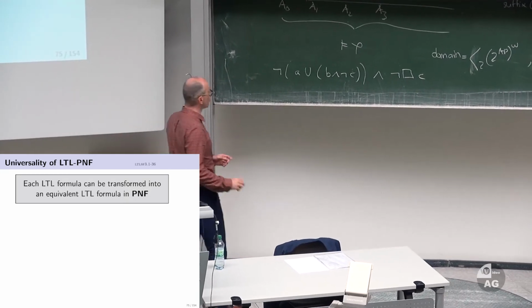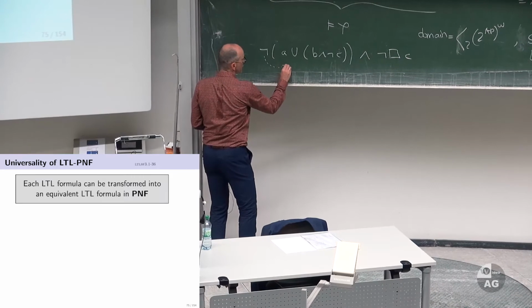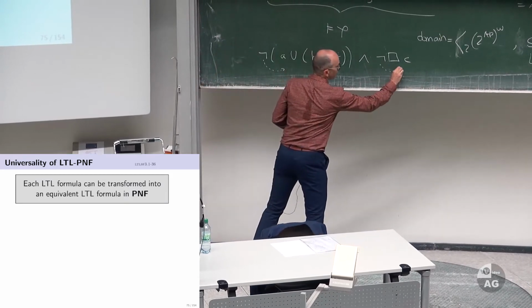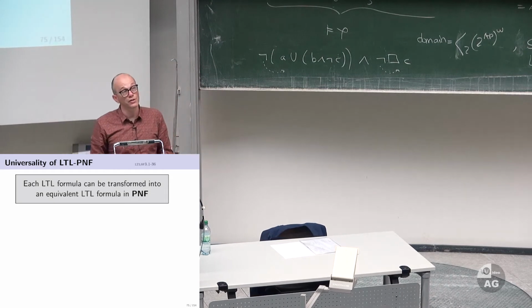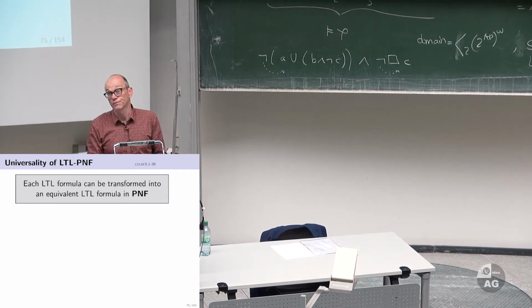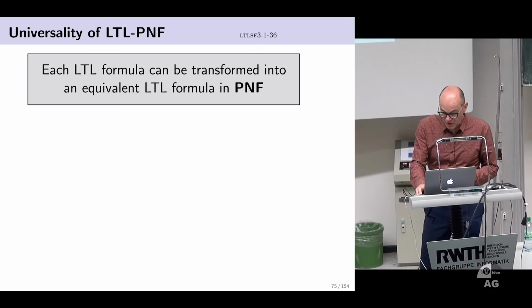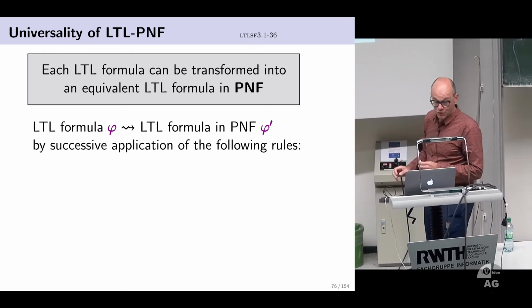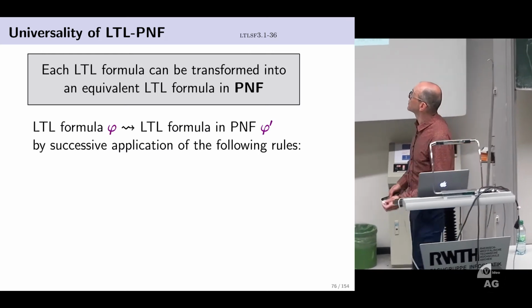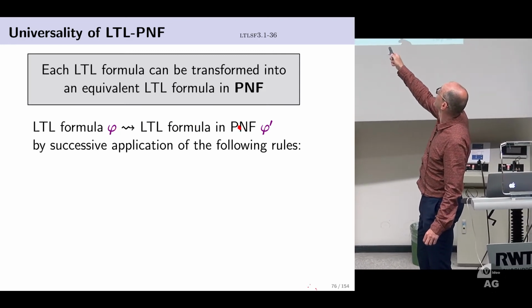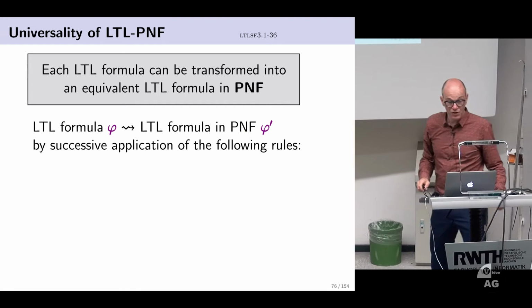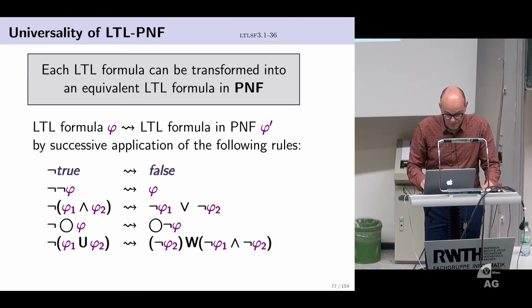So what do we have to do? We have to push these negations inside somehow, such that at the end we get a formula where the negations are only adjacent to the literals. This can be done by a couple of rewrite rules. We have some rules that take an LTL formula as input, and the idea is that we get an LTL formula in positive normal form by successive application of the following rules.